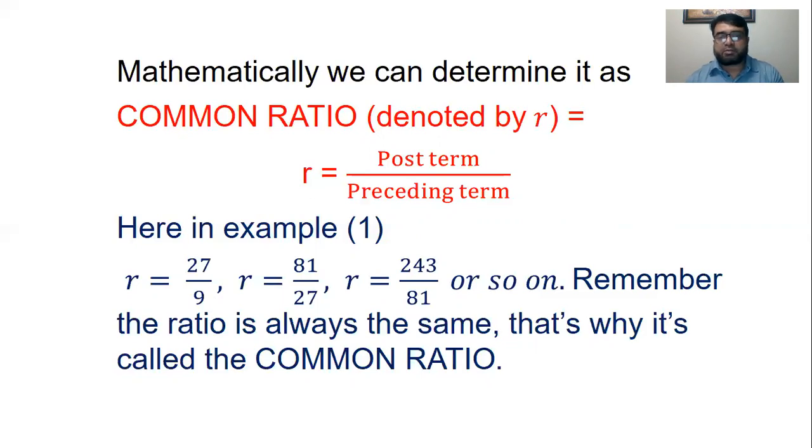If every post term is divided by its preceding term and the result is always the same, we name this ratio the common ratio, denoted by R. In example 1, the common ratio R was 27 by 9, or R equals 81 by 27, or R equals 243 by 81, and so on. So it always comes out the same. That's why it is called common ratio.